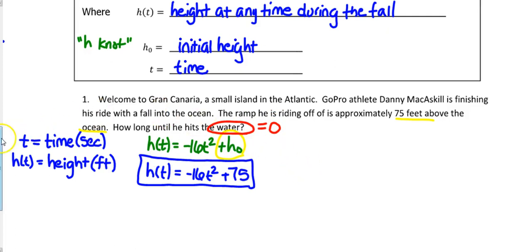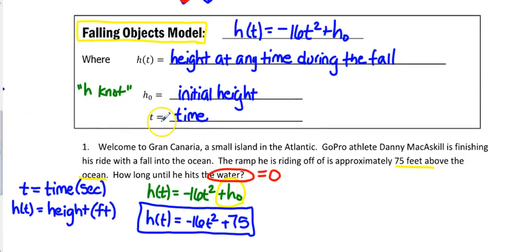So if we look at how we defined our variables, it's definitely not going to be time. We already established what his starting height was. This question is not changing the starting height. This is where he ends up. We are given a value now for his height at any time during the fall. So we're asking, well, when is his height equal to 0?